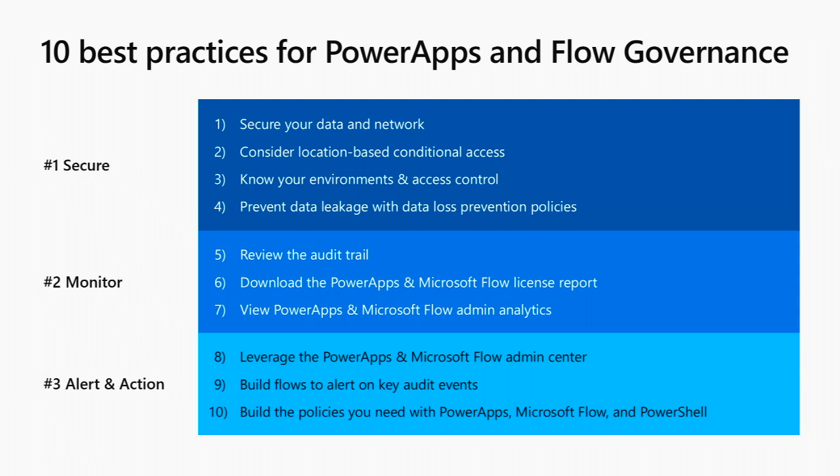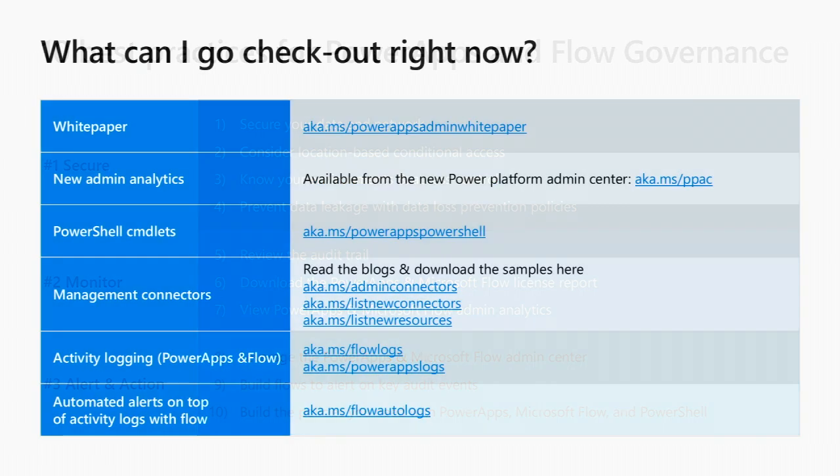So as we wrap up here, our best practices around alerting and action: leverage those out-of-the-box admin portals. And there'll be lots of development going forward to get those into that common Power Platform portal. And take a look at building your flows to be alerted on what's important for you and your organization, right? And again, help understand and communicate what policies you need to adhere to around your PowerApps and Flow development within your organization, right?